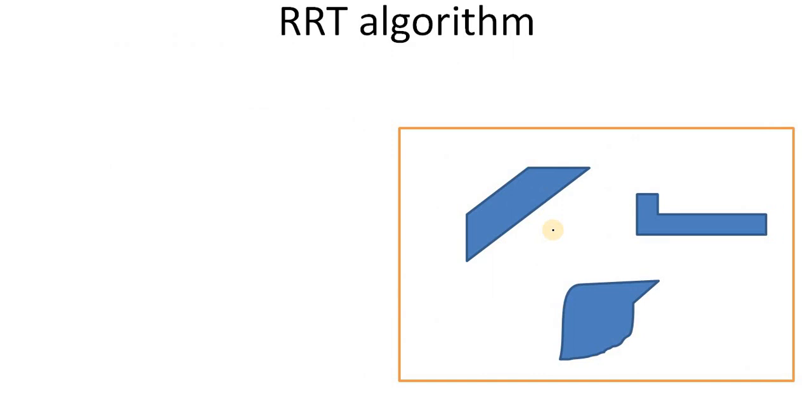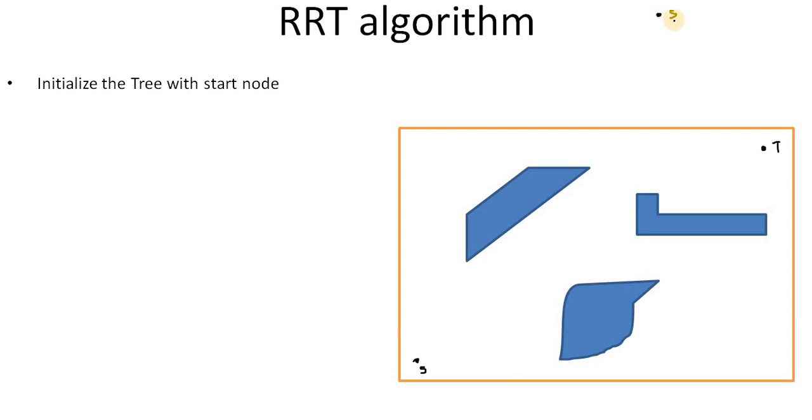So let's see some steps of the RRT algorithm, how it works. It says to initialize the tree with the start node. This is our goal point T, and this is our start point S. And let's say we have a tree, and in this tree we add the first node, which is our start node.